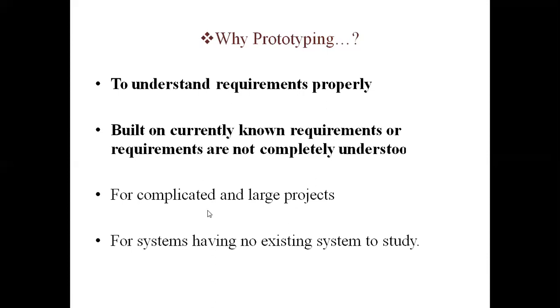The next thing to remember is that this prototyping model specifically suits complicated large projects. Large projects require large modules, n number of modules, n number of teams, and n amount of cost, resources and time. So for time-consuming large projects, go for the prototyping model.